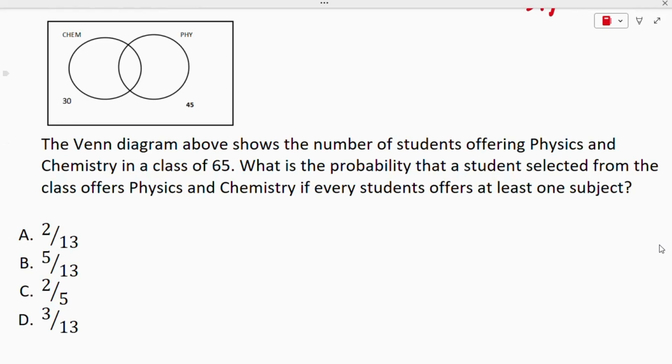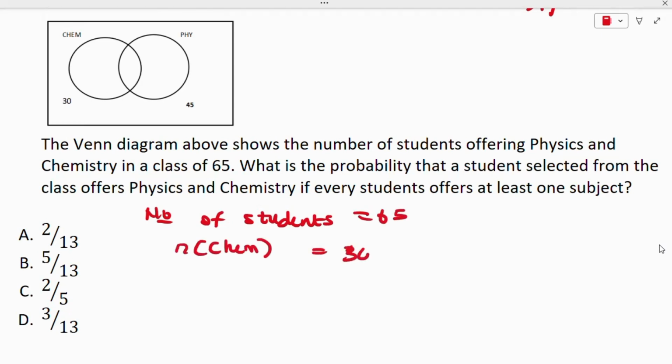Okay, so from the Venn diagram above, we know that the students offering chemistry are 30, physics is 45. So we can say the number of students is given as 65. The number of students offering chemistry from the diagram is 30. The number of students offering physics is equal to 45.